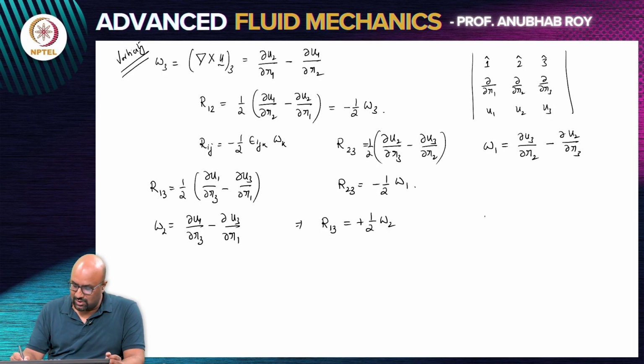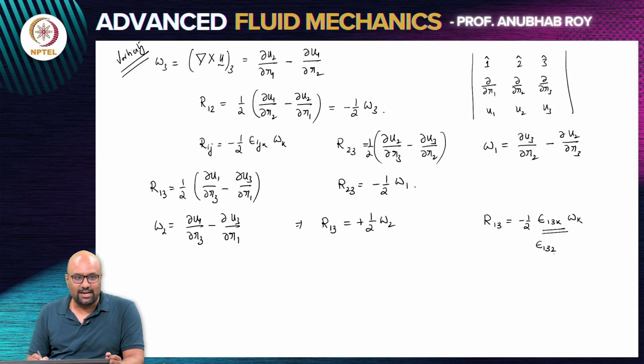The plus sign, as you can see, if you write it as R13, this becomes minus half epsilon 13k omega k. And from the property of the permutation symbol, the only non-zero entity of epsilon 13k is 132, because 131, 133, all of them would be 0. K can basically run over 1, 2, 3, but it cannot take the other values because it would give you the 0 answer.